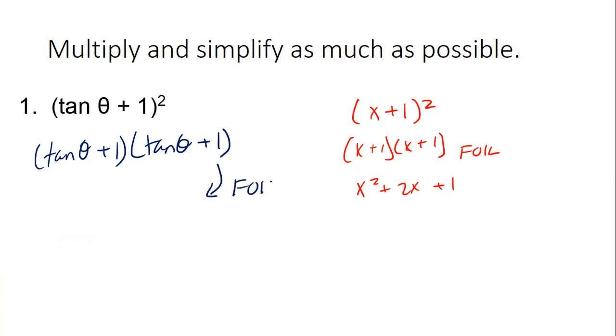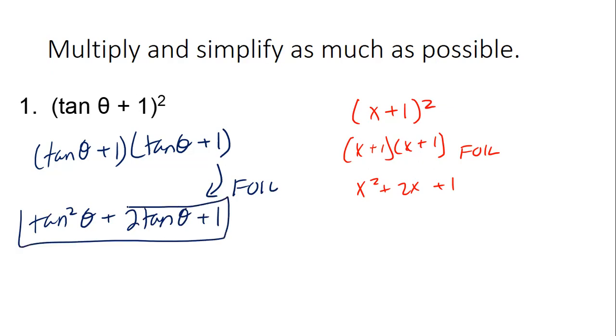After I go through FOIL, I end up with tan squared theta plus 2 tan theta plus 1. Okay, so that's how I would expand and multiply. Is it that much different than algebra? No. Glad you see that.